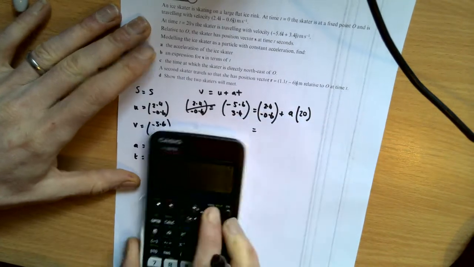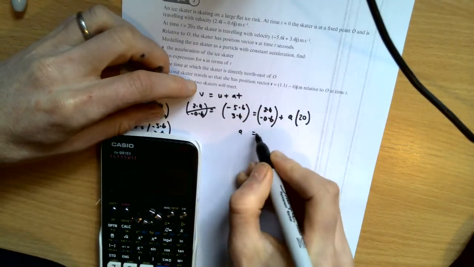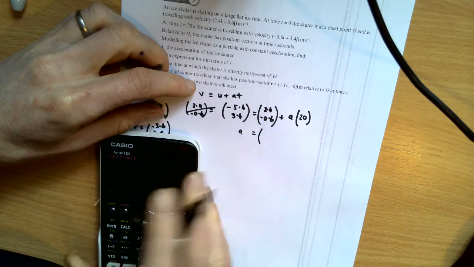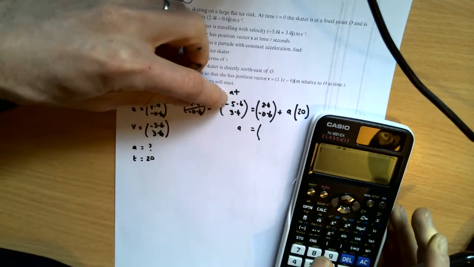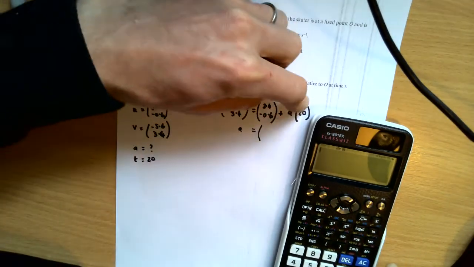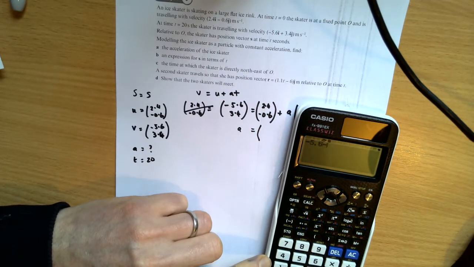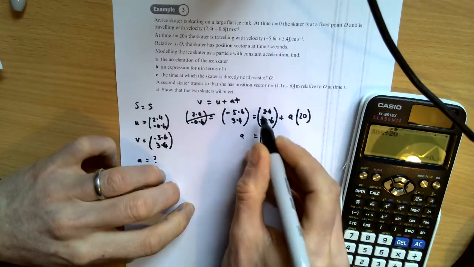Put my calculator here. So to work out the top component, I'm going to do negative 5.6 minus 2.4 divided by the 20. So that's negative 0.4.